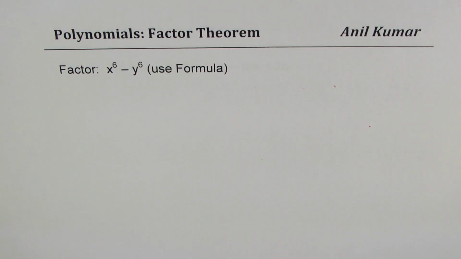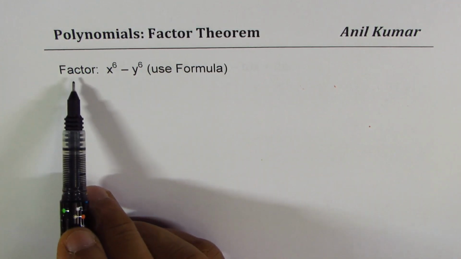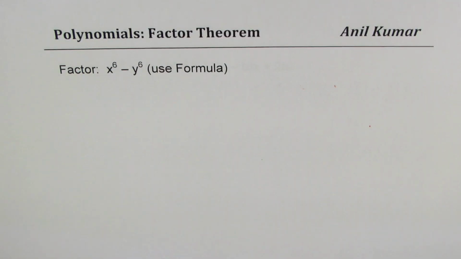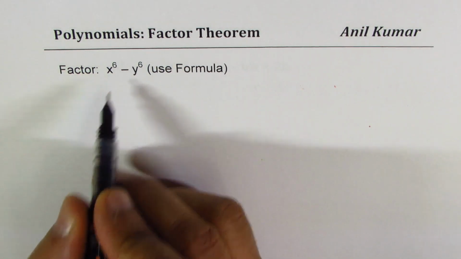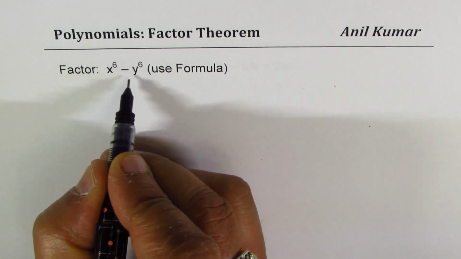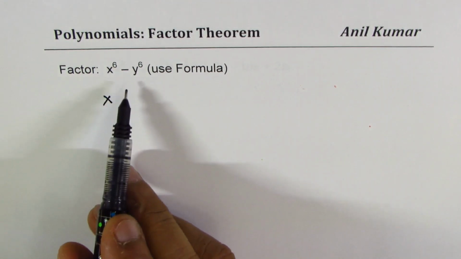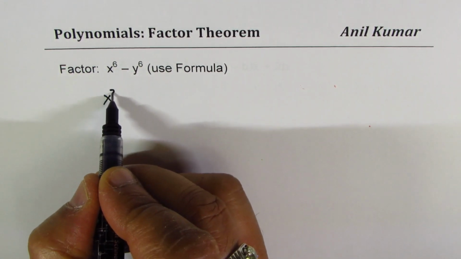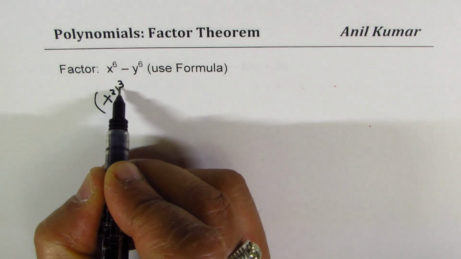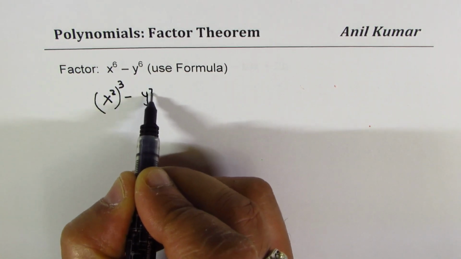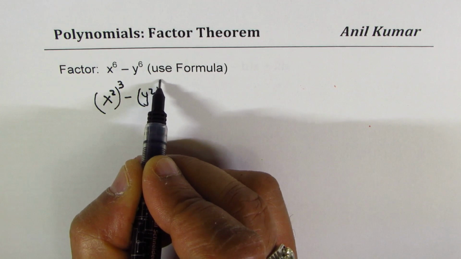Well, I would like you to try examples from your book. Here is one. Factor x to the power of 6 minus y to the power of 6. Now, x to the power of 6 minus y to the power of 6, we could begin with writing this as x squared whole cube minus y squared whole cube.